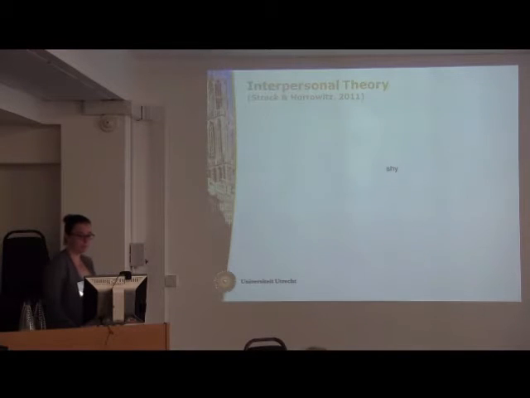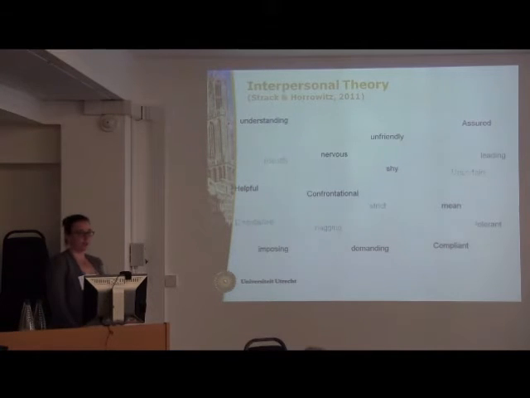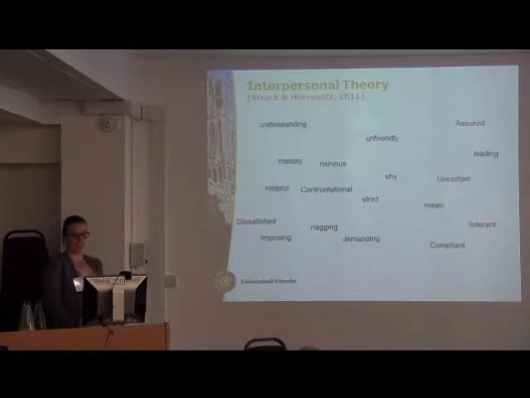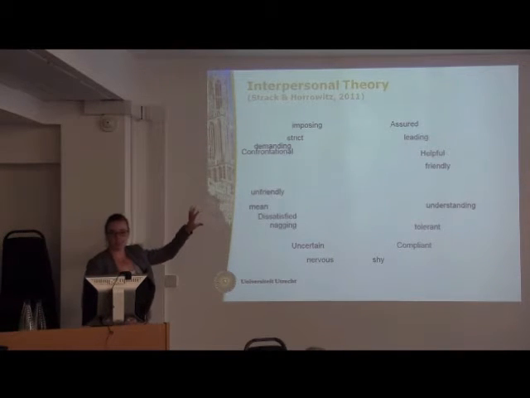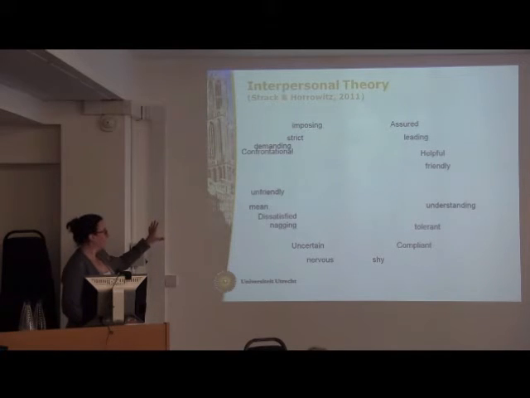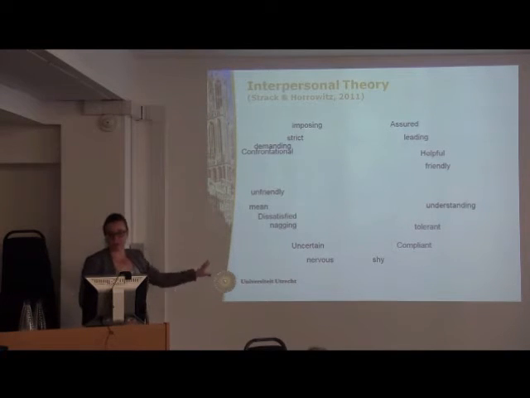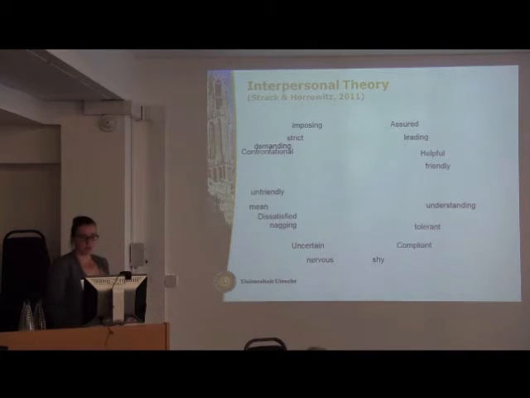So interpersonal theory is used to describe these behaviors and interpersonal styles, and you can see some words popping up already. These are all behaviors, and they can be ordered along the circumference of a circle. You can see, for example, leading in the upper right corner, and uncertain in the lower left corner, and opposing behaviors are in opposing sections of the circular model.